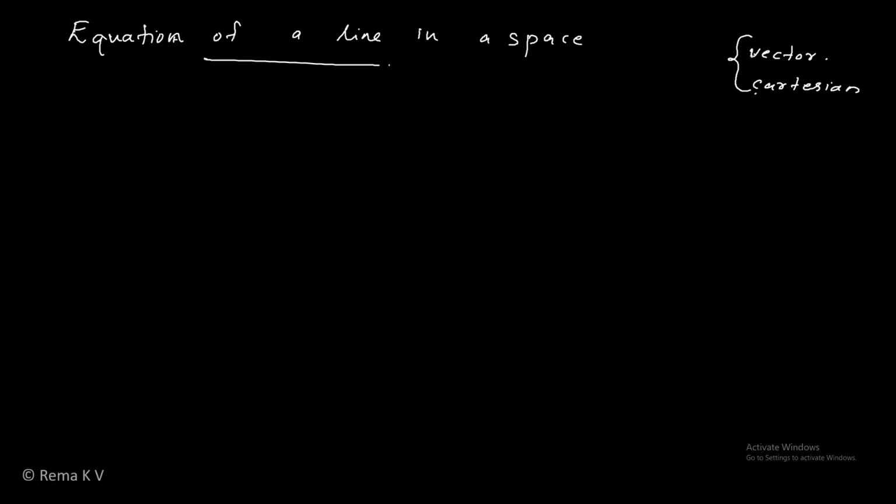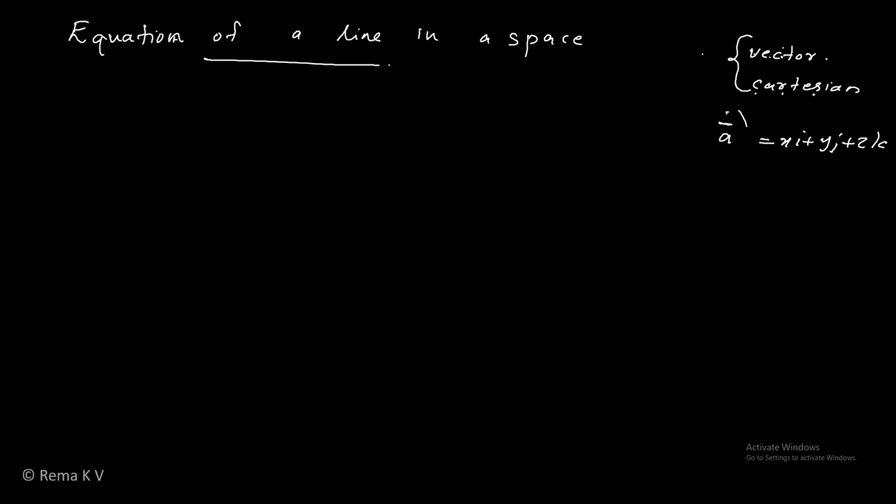That means in vectors, we can write a vector as vector A, or if the component form is given here, that is vector A can be written as xi plus yj plus zk. So two different forms here. This is the vector form and this is the component form. Similarly, for a line, there are two different types of equations.